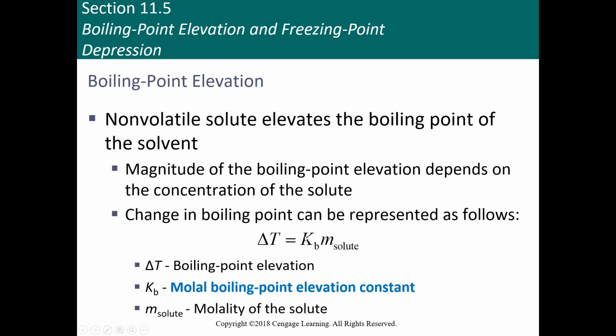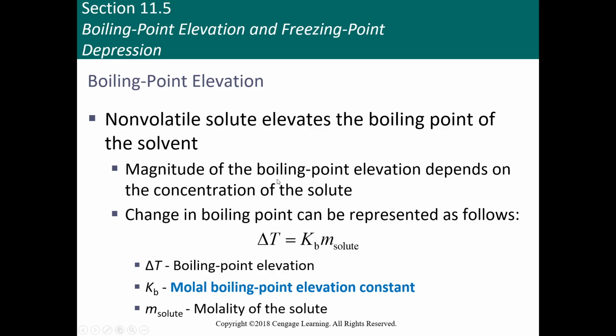If you have water, hexane, whatever your solvent is, it'll have its value for K. That's times the molality. Notice I said molality, which will be useful later on. Molality of your solute is moles of solute divided by kilograms of solvent.